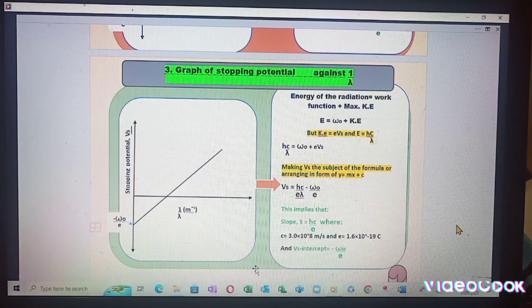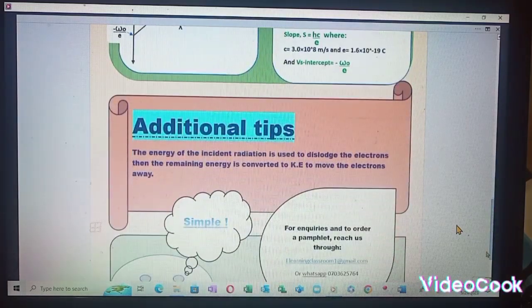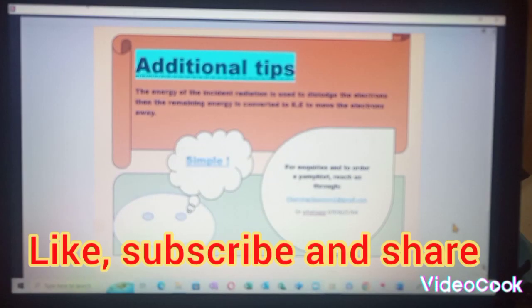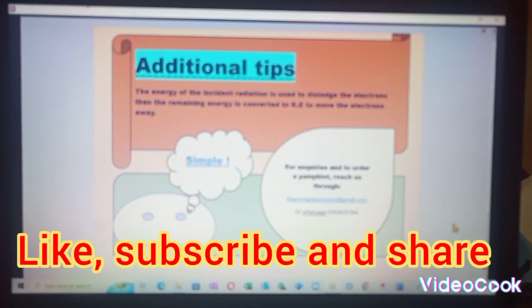You say negative W naught all over E, which is 1.6 times 10 raised to power negative 19, equals the value you get here. Then you multiply by E both sides. That means this negative here will remove this negative here, because the value here is negative. So you should not be worried about that negative. So that marks the end of our general equation.